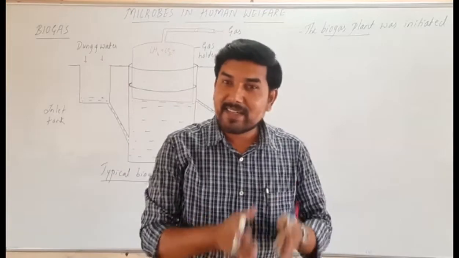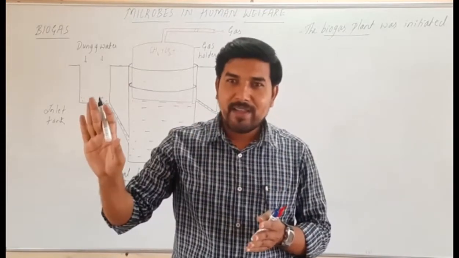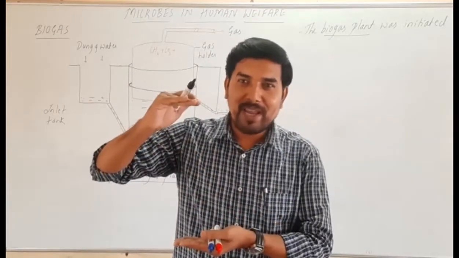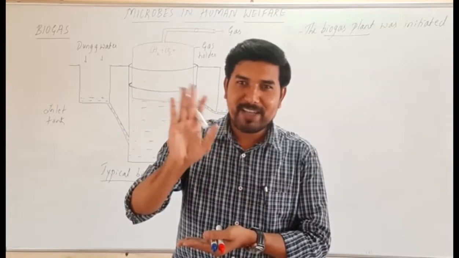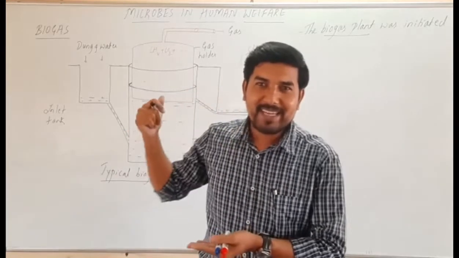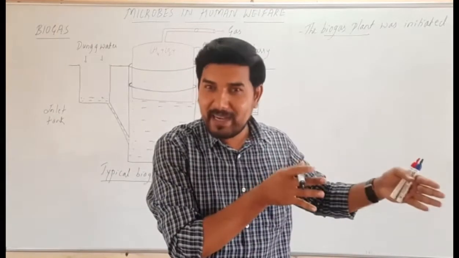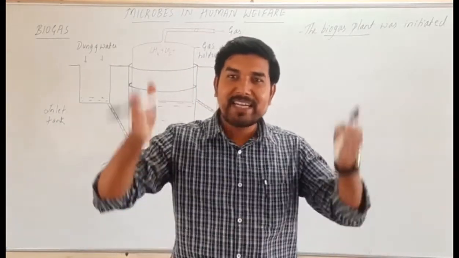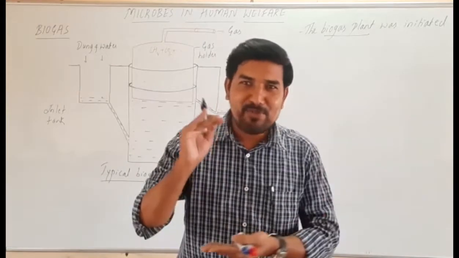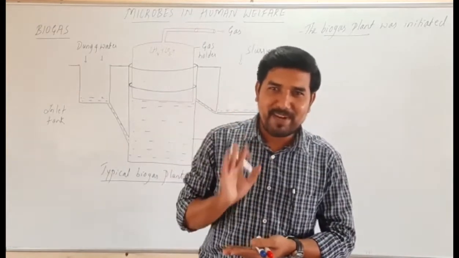Plant is a constructed building. Plant does not mean that it is actually a true plant. We call the construction building a plant. STP, sewage treatment plant. Plant means it is a constructed building. It is not actually a true plant. Okay, don't confuse with that part.